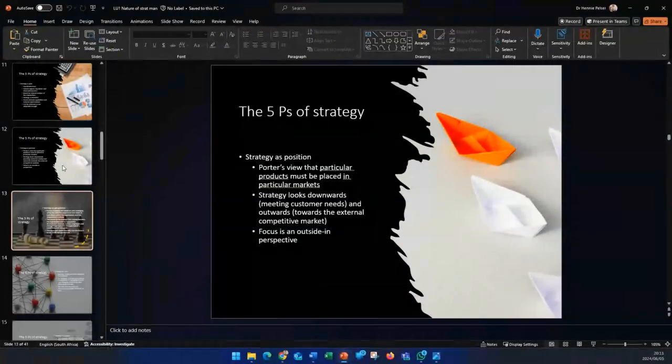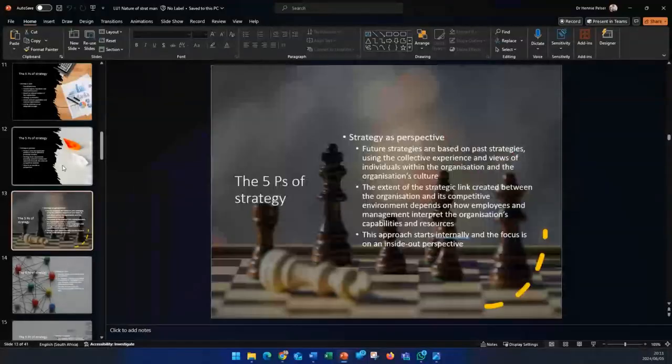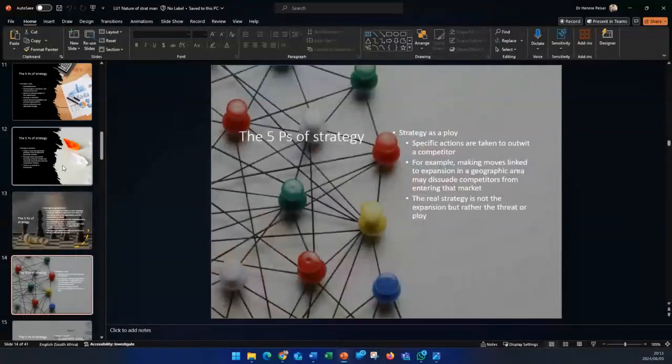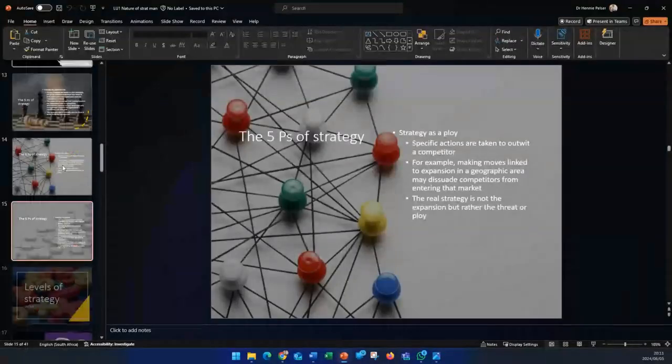And then obviously as perspective, where the past is a good indication of the future. And then ploy, that is misdirection. This was in the assignment. A lot of people got the example for strategy as a ploy wrong. Remember, it's misdirection. It's what magicians do to distract your attention while the real trick happens at another place, guys.